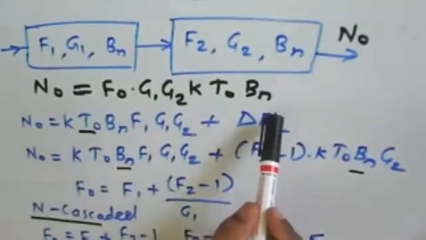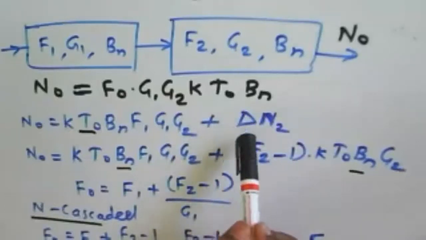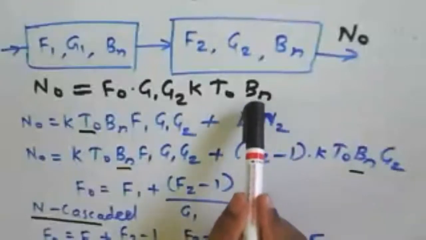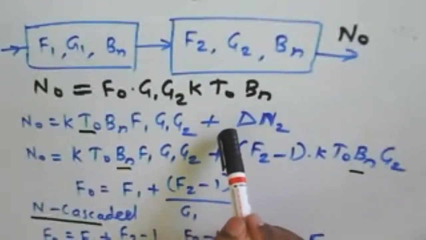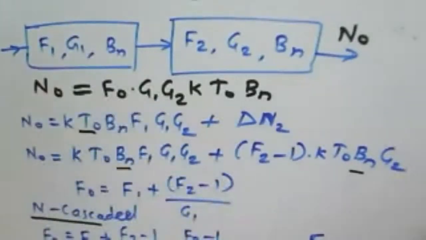So here we consider Dn, that is the noise introduced by the network, and that noise introduced by the network consists of a temperature for this particular network. So we find out what will be the effective noise temperature in terms of the noise figure.